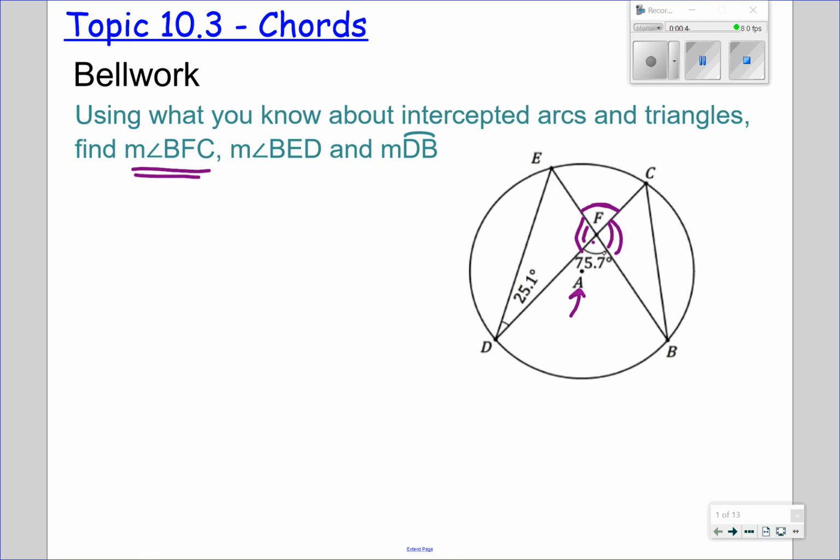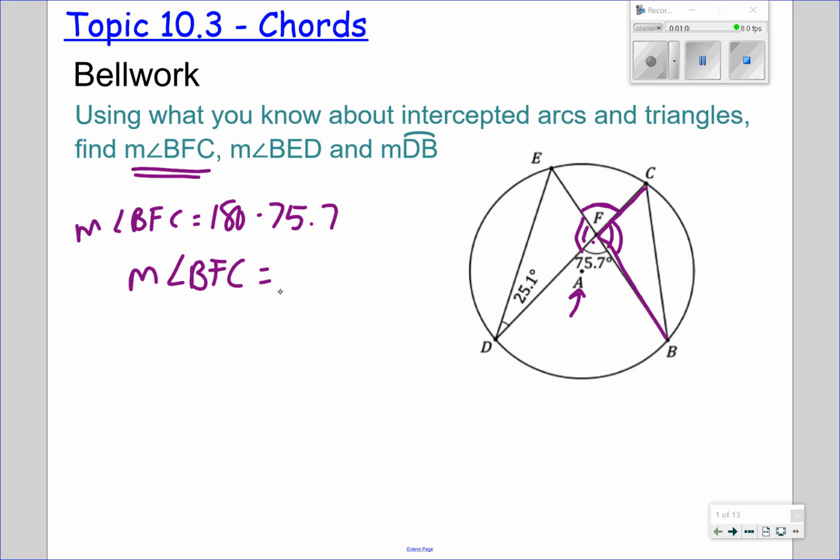So if we were to find the measure of angle BFC, hopefully you started thinking that this 75.7 and angle BFC, which is this guy right here, make a linear pair. So the measure of angle BFC would be 180 minus the 75.7, whatever that supplemental angle is, which is 104.3 degrees.